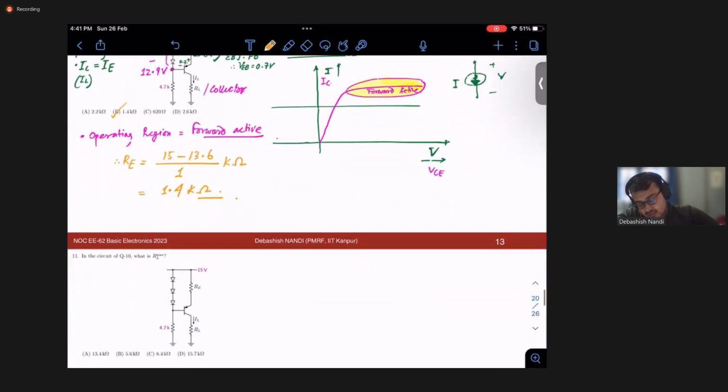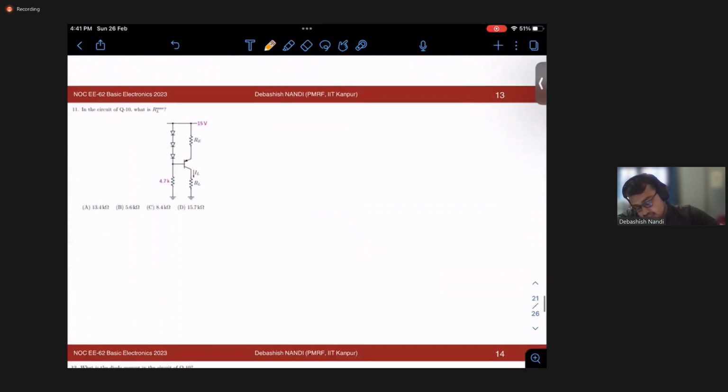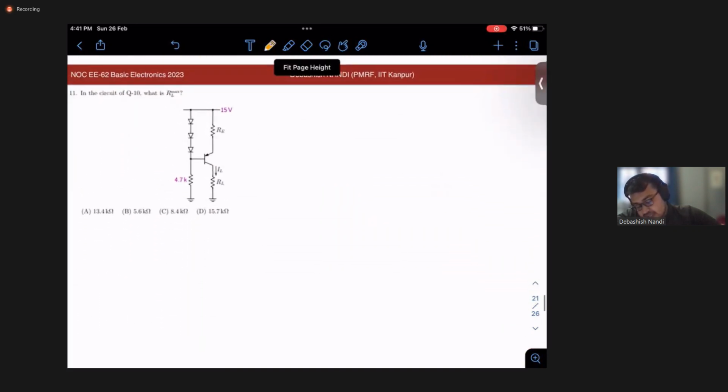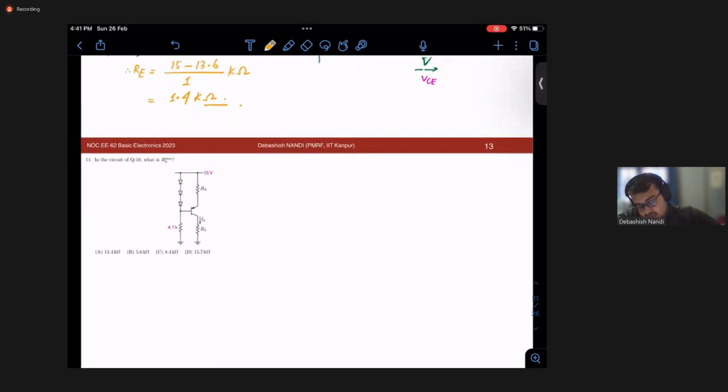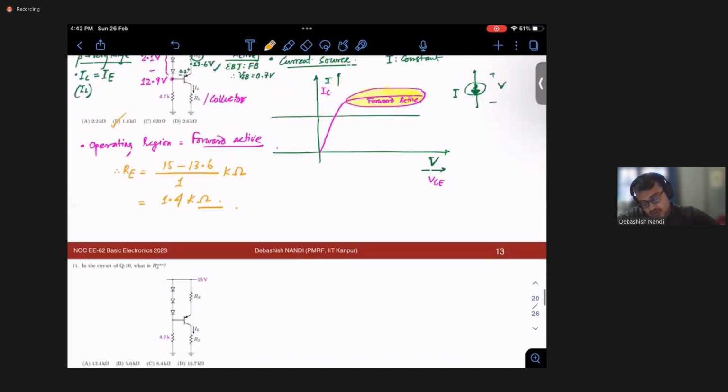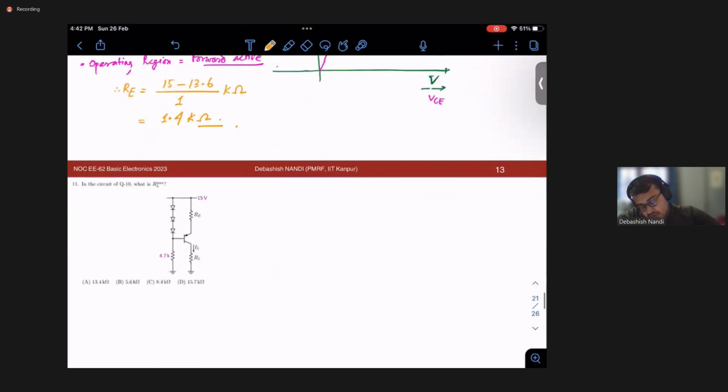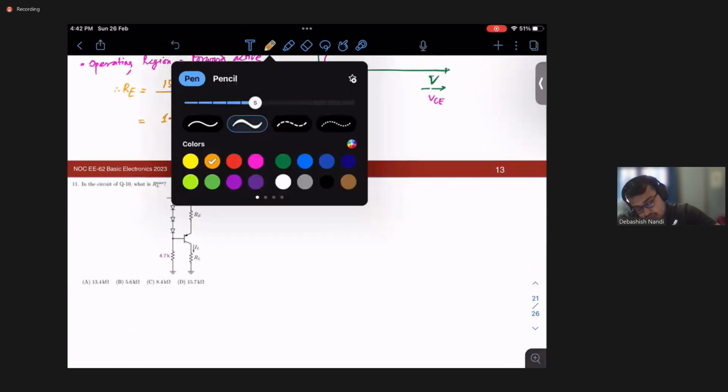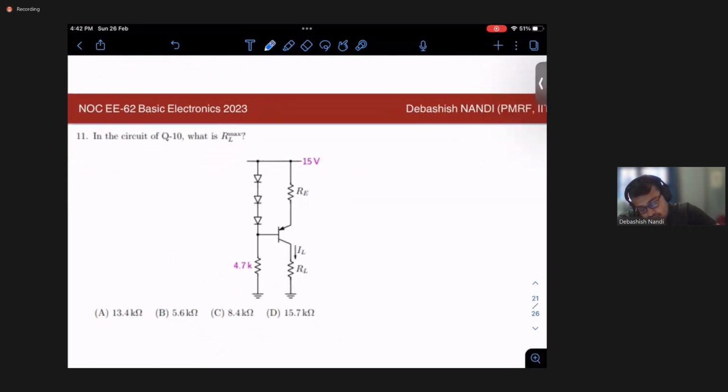So next, in the circuit of Q10, what are the things we know from Q10? From Q10, we know that this is 1.4 K, right? This is 0.7 volt.